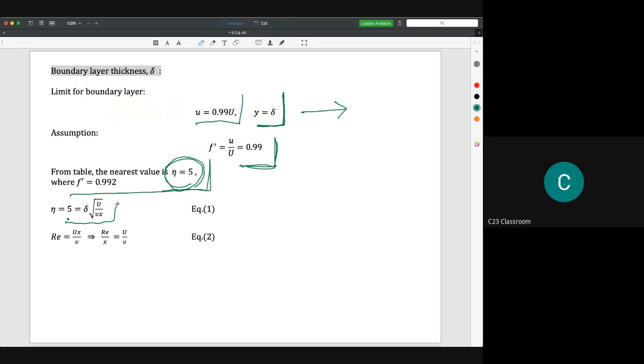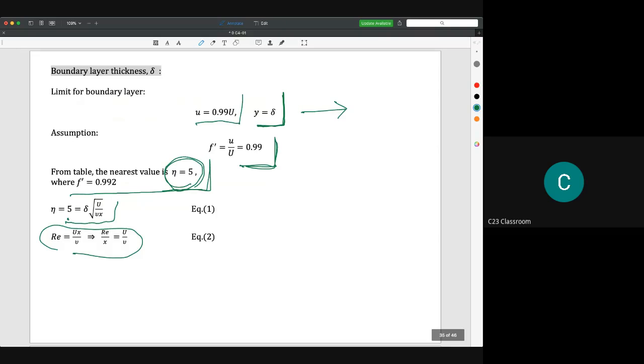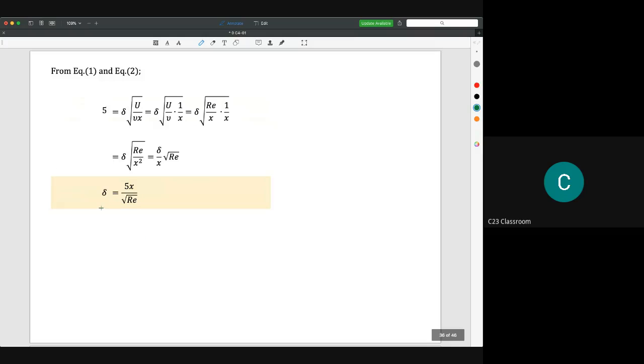And then, I think you already know the relation of the Reynolds number here. We substitute Reynolds number over x is equal to u over nu. So we replace the u over nu here with the Reynolds number, and then we can solve this one.